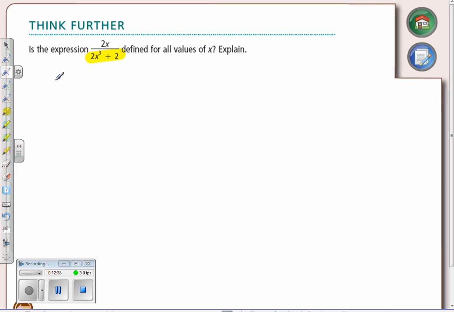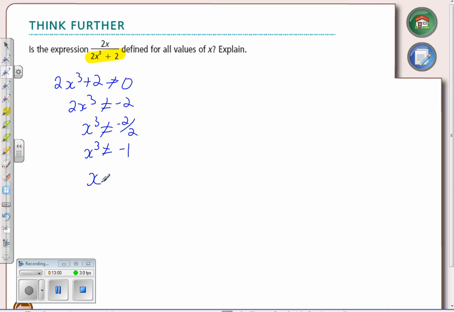Pull it out. 2x cubed plus 2 cannot equal 0. Start solving for x. 2x cubed cannot equal negative 2. X cubed cannot equal negative 2 over 2. X cubed cannot equal negative 1. Cube root both sides. So x cannot equal negative 1.